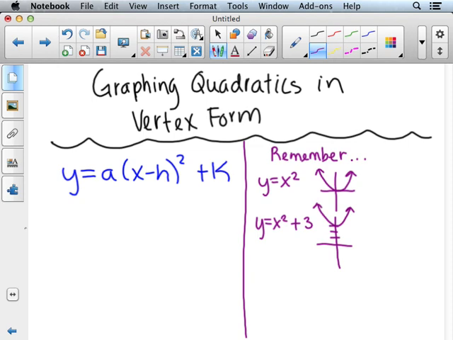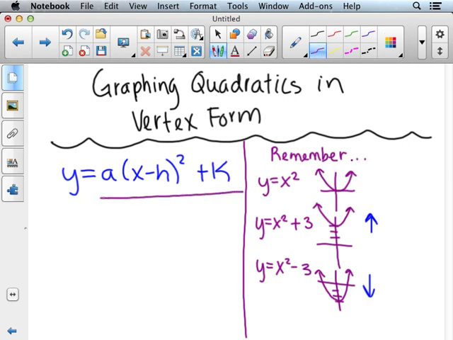So this part, plus 3, moves it up 3. If I subtract, it would have moved it down. Let's write an example here. If I did x squared minus 3, 1, 2, 3, it would have moved it down 3 spaces.